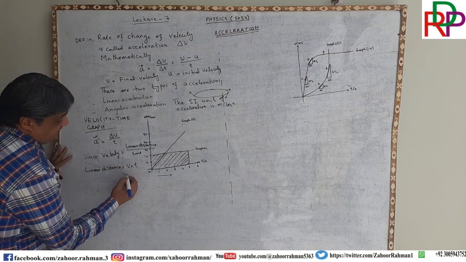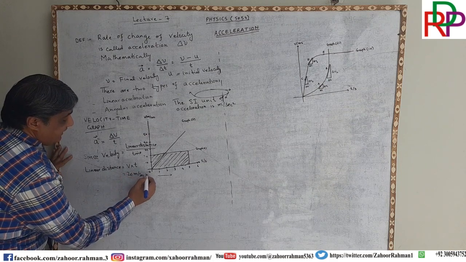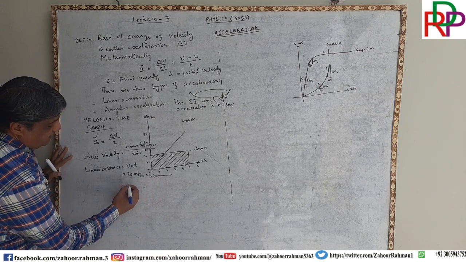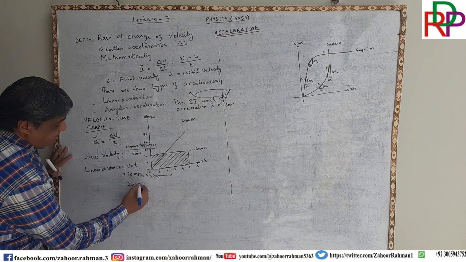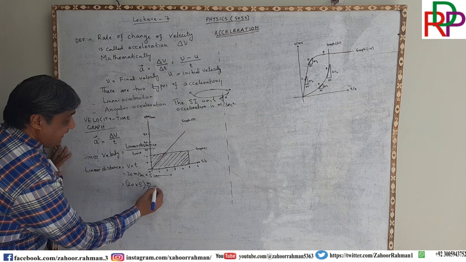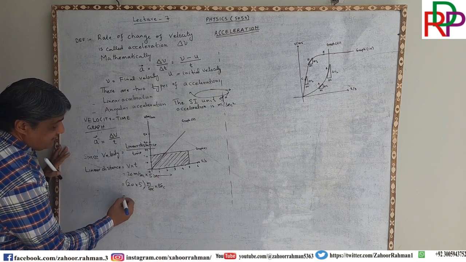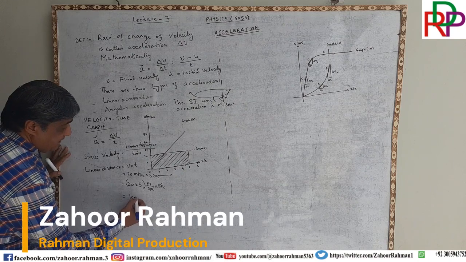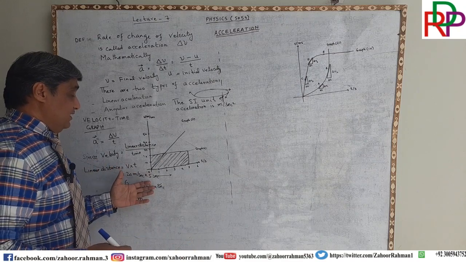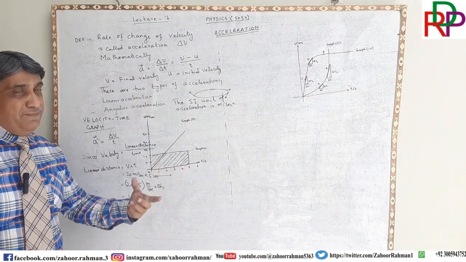The velocity is 20 meter per second and the time is 5 seconds. So 20 multiplied by 5, the second cancels with the second, and it means that this body has covered a linear distance of 100 meter in 5 seconds.